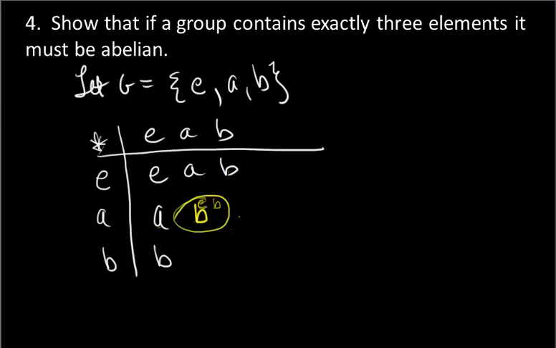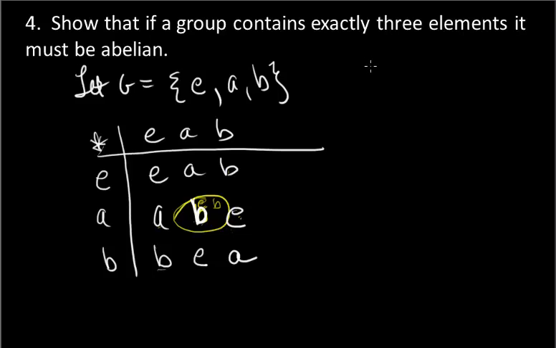Now, once you've made that choice for B, everything else is determined. A, B, E. A, B, E, and you have to put A here. The only thing you had to reason out was whether there is one thing I need to put there. Yes, if you tried putting E here, you would have had to put B. And you know, in a table for a group, in each row and in each column, you have every element of the group appearing once.